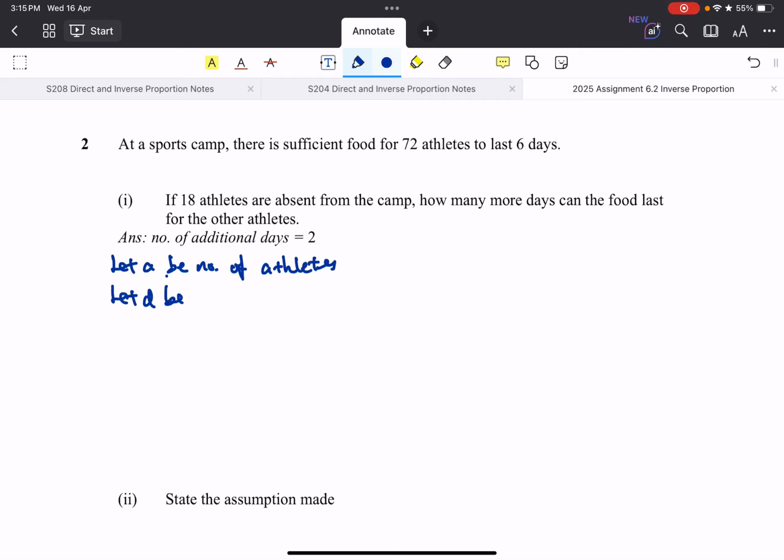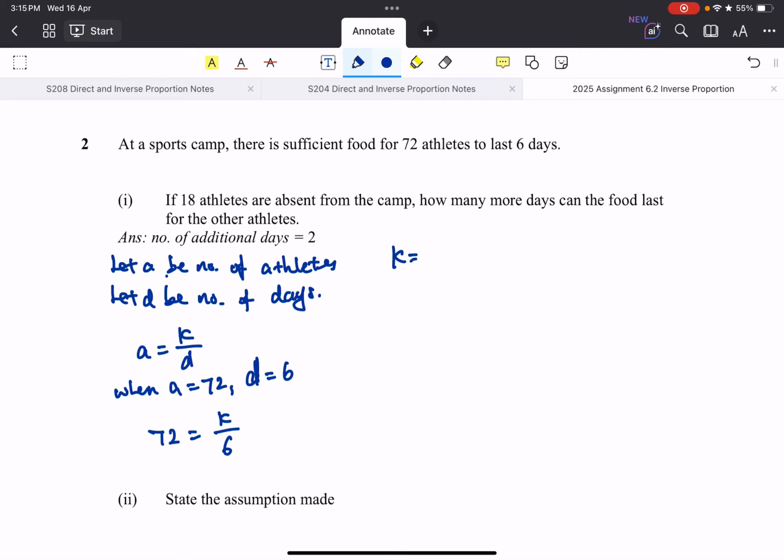Let D be the number of days. So the relationship will be A equals k over D. When A equals 72, D is equal to 6. So 72 equals k over 6. k is equal to 6 times 72 equals 432.